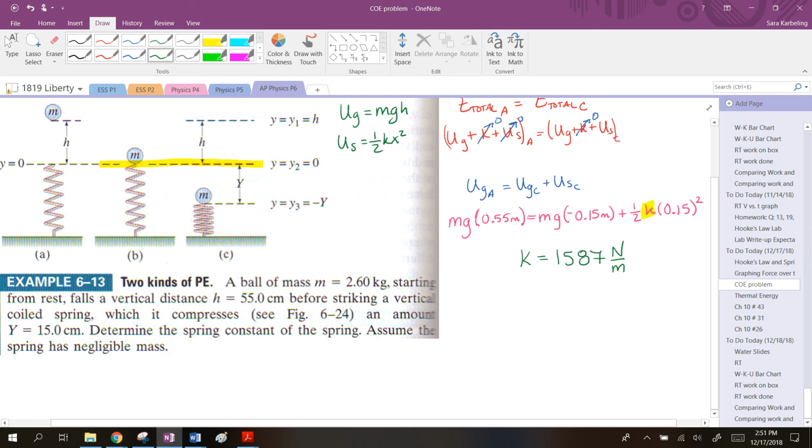Keenan, do you agree with that answer? Okay. Ellie, do you agree? Grace isn't sure, but she thinks she agrees.